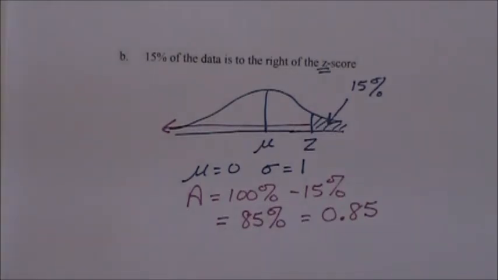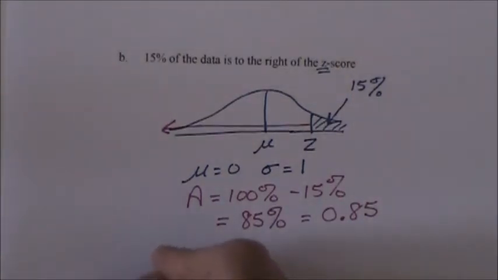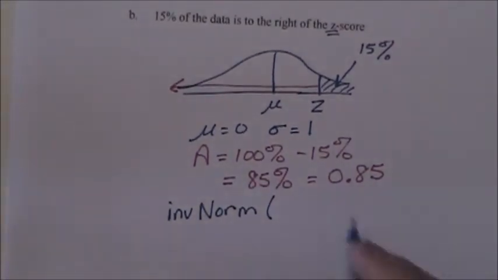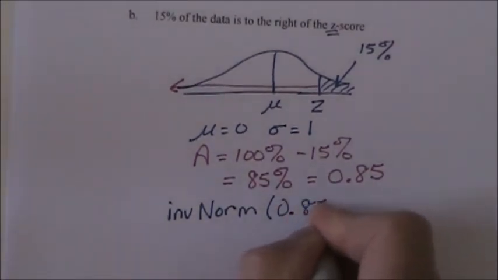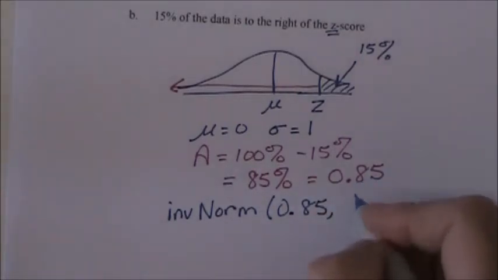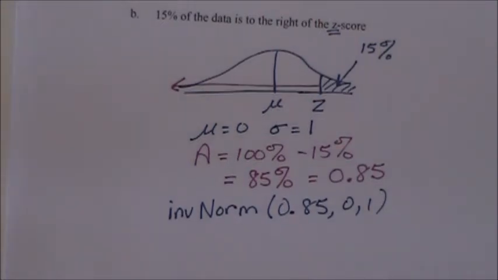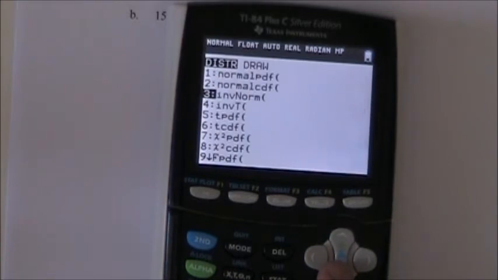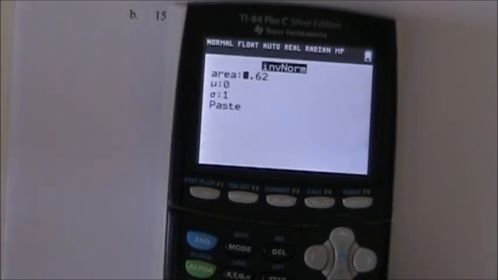So as we go to do this, we are now looking at inverse norm, the area to the left, which we figured out was 0.85. Then we need our mean, which was 0, and our standard deviation, which is 1. We're going to go second vars down to inverse norm and start filling in our values.